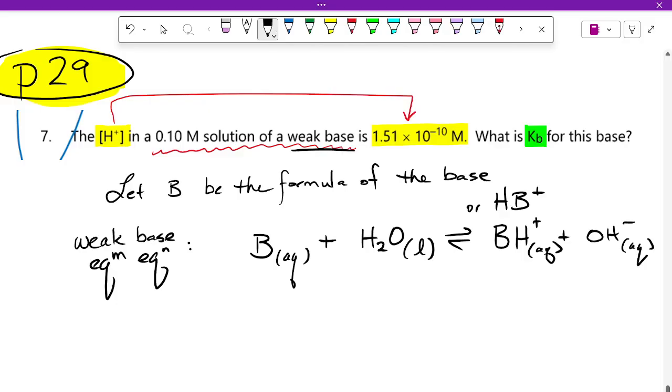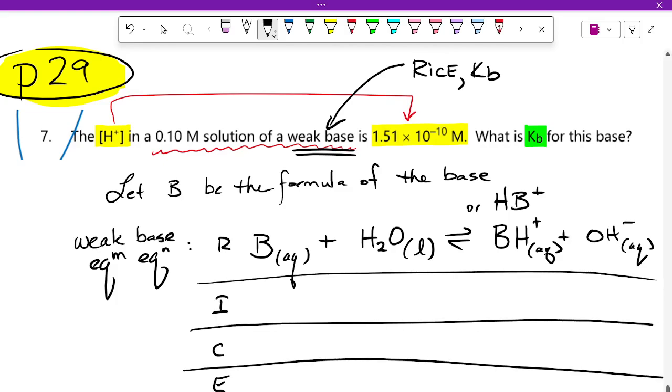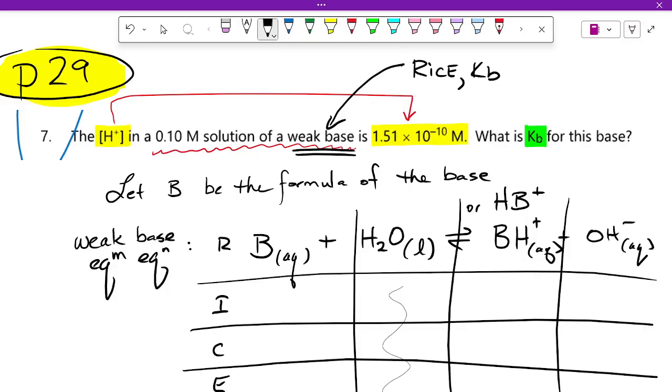Now, when it is a weak base, what tools should we use? RICE and Kb. So let's do our RICE. Water doesn't get included in that because it is a liquid.